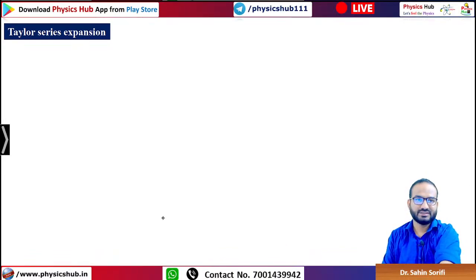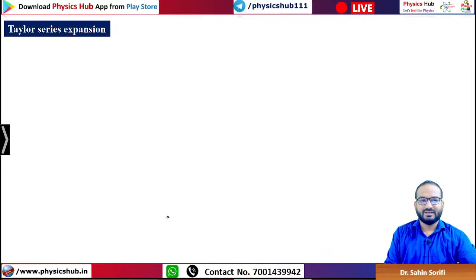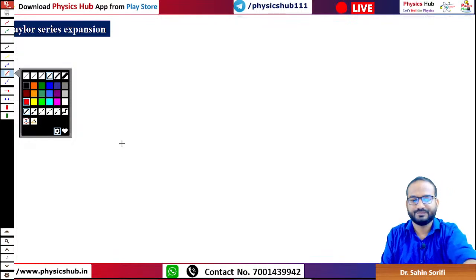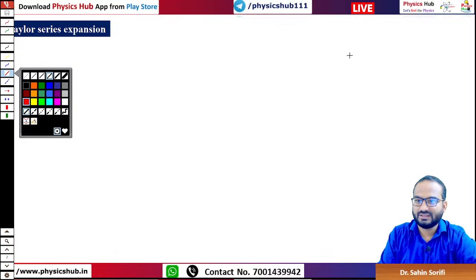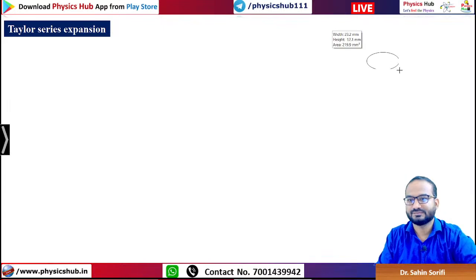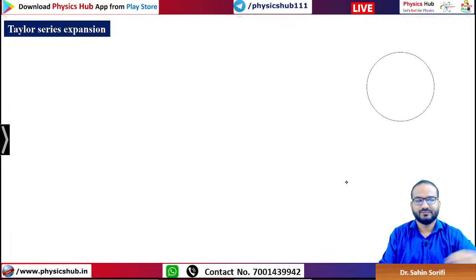The first thing which we will discuss today is the Taylor series expansion. If you have an analytic function which is analytic in some region, we can expand it in Taylor series. Let's say we have a complex function f of z which is analytic in some region like this.